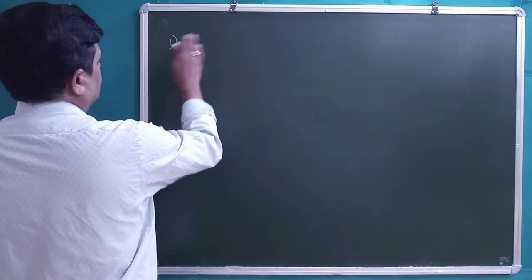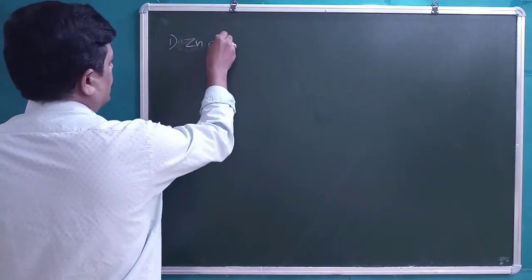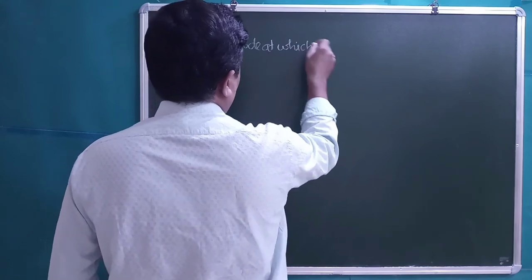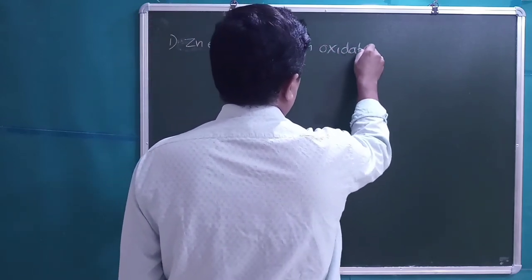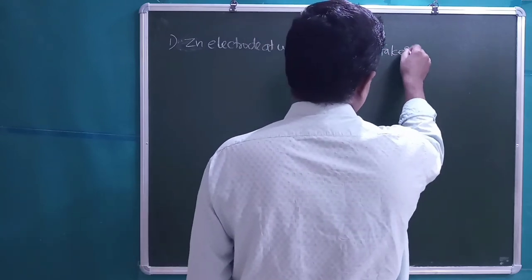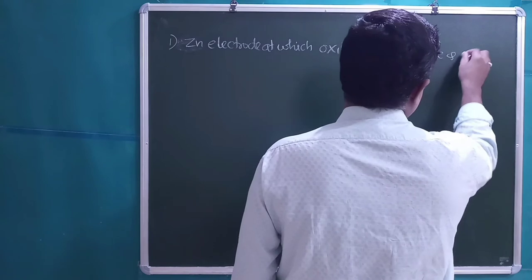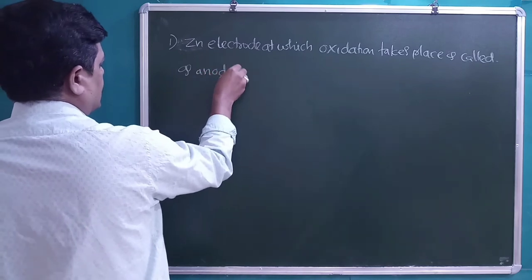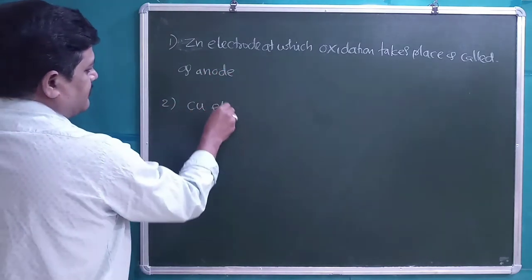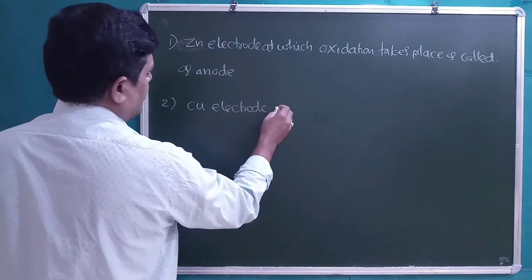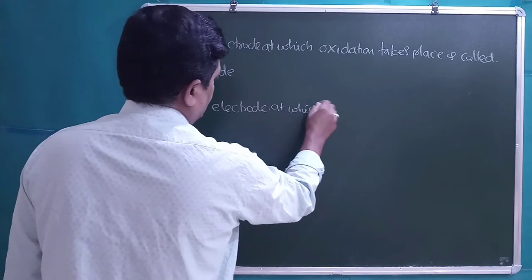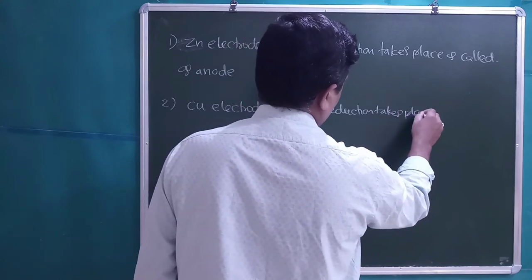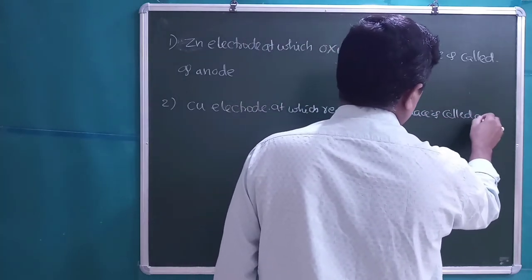The zinc electrode, at which oxidation takes place, is called the anode. The copper electrode, at which reduction takes place, is called the cathode.